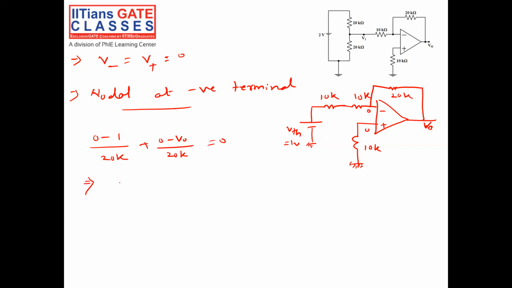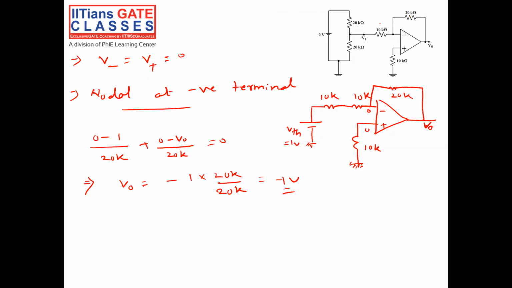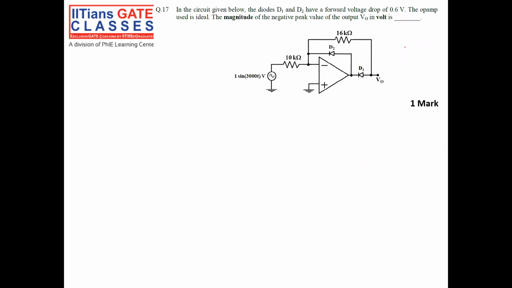This implies V0 is equal to minus 1 times 20k divided by 20k, which is minus 1 volt. So the answer is minus 1 volt. Very easy question. Next question.